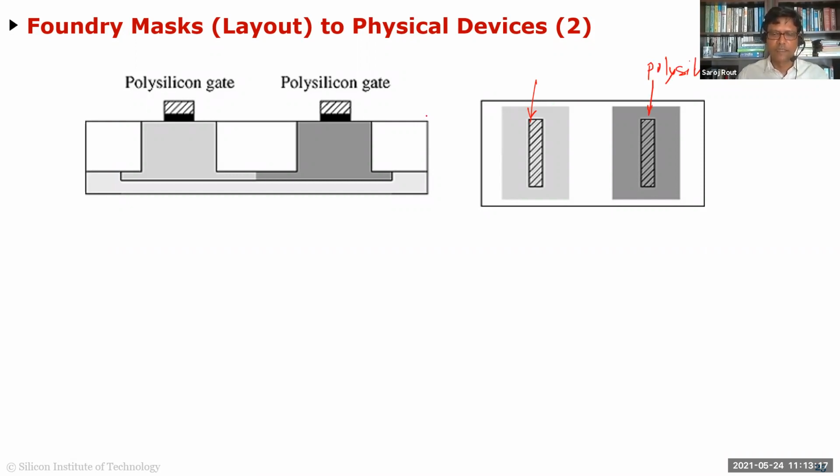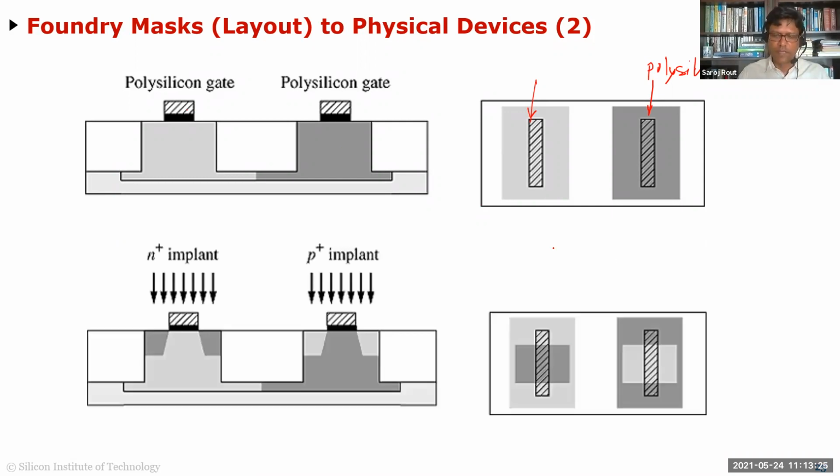It'll take this mask and it'll make the polysilicon gates using the same patterning steps as before. And then using the same mask, it'll actually do what's called the source drain implants. Okay. And this is what's called self-aligned. I'll explain more later on.